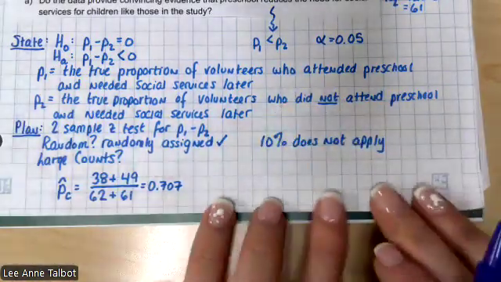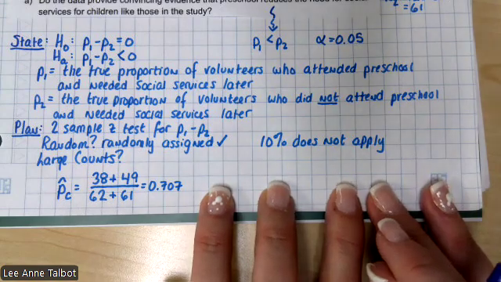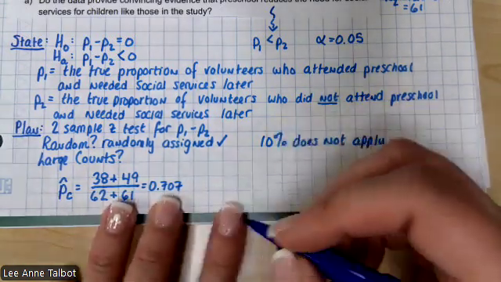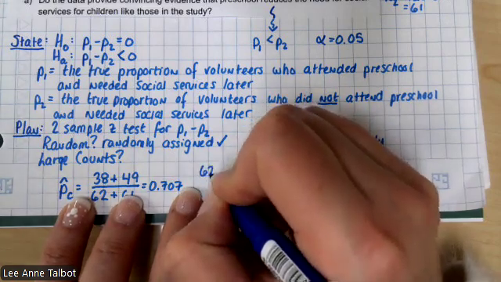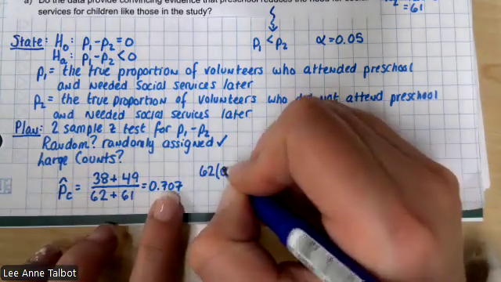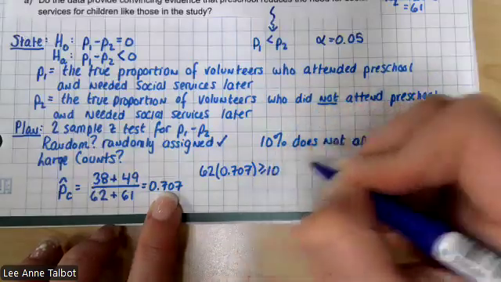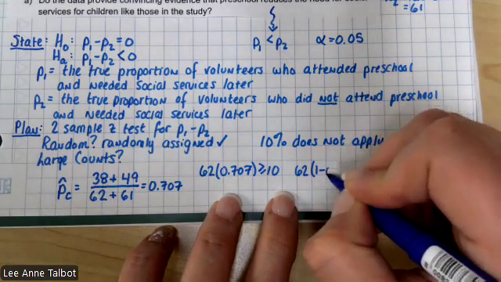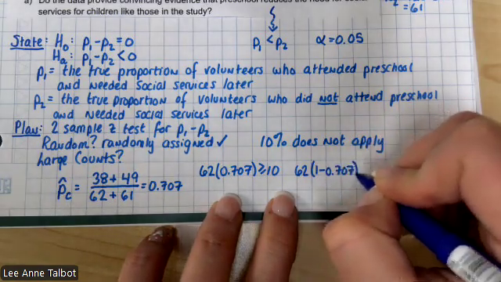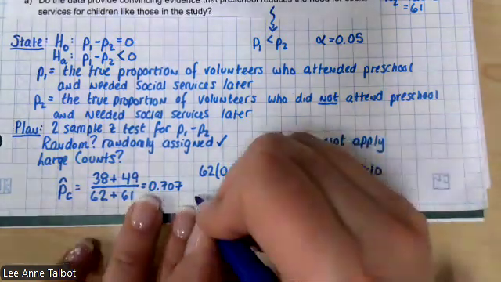Okay, so we're going to have to do 4 calculations and I'm going to have to shove them all into this little tiny space. So I have N1 is 62 times p hat combined, pooled, greater than or equal to 10. 1 minus... Oh, this is bad.